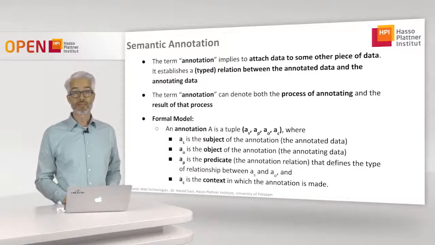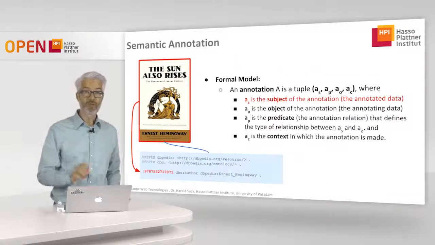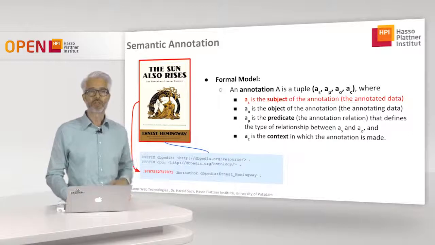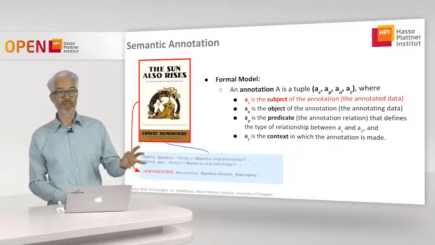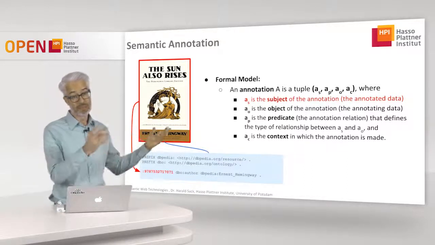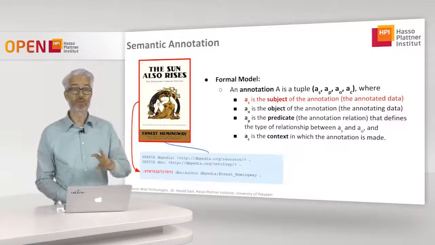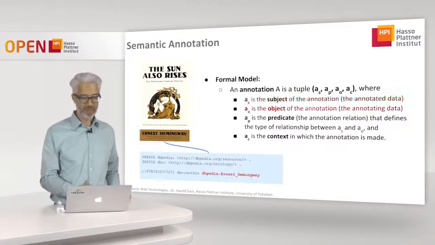So let's have a look at an example. Here, for our book, the subject, of course, is the book, which in my collection I characterize with this ISBN number, which of course has to be in some namespace that I have defined locally for that document. So this would be the subject that is described with the data.